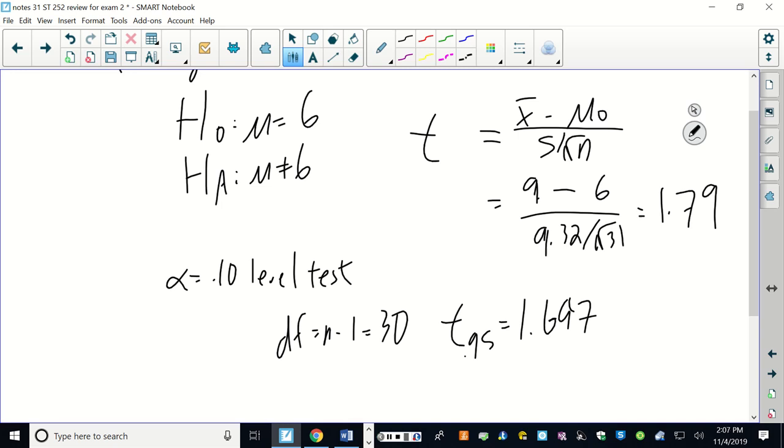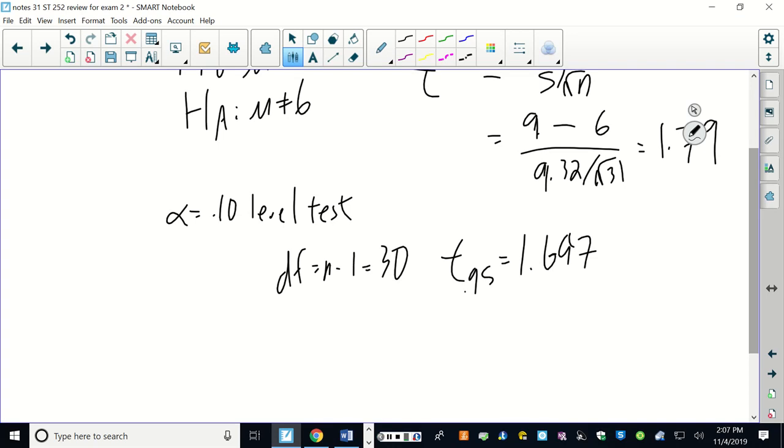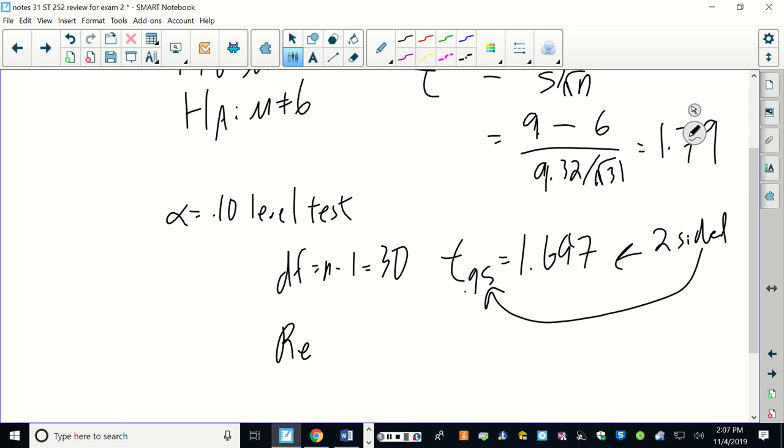This is the two-sided value, which is why it's 0.95 there. So in this case, we would conclude that we can reject the null hypothesis at the 10% level, because our 1.79 is bigger than the cutoff value.